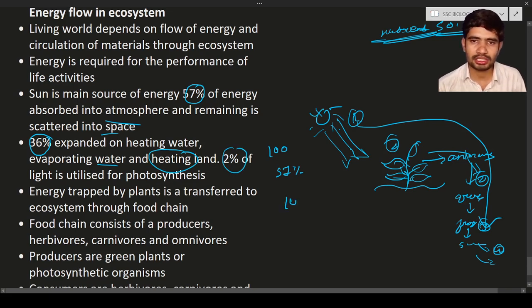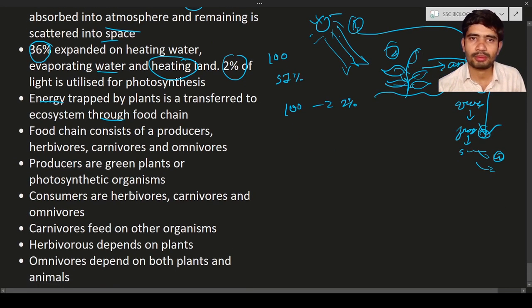It means out of 100 percent, only 2% is received by the plants. The energy trapped by the plants is transferred into the ecosystem through the food chain, from the sun to the other organisms.